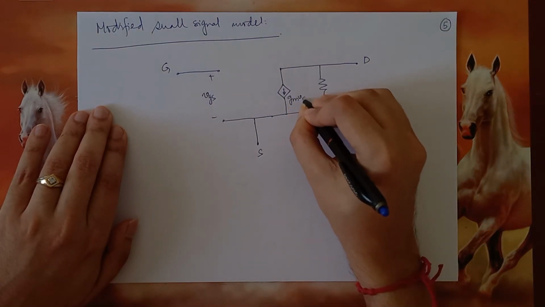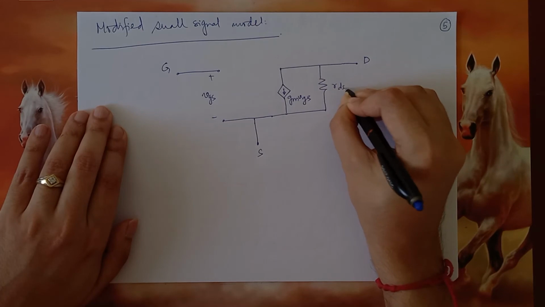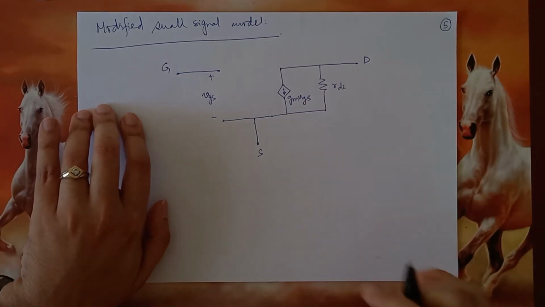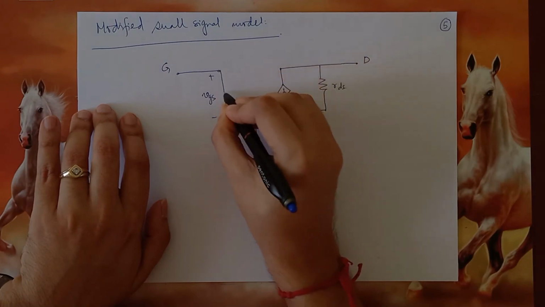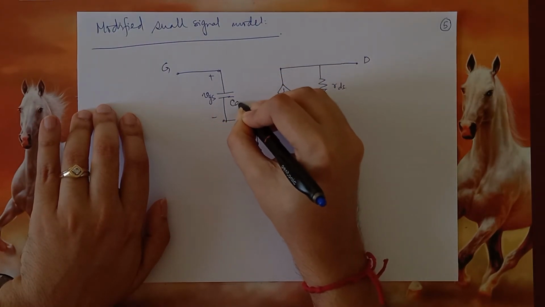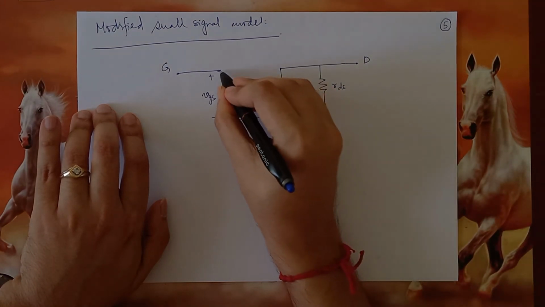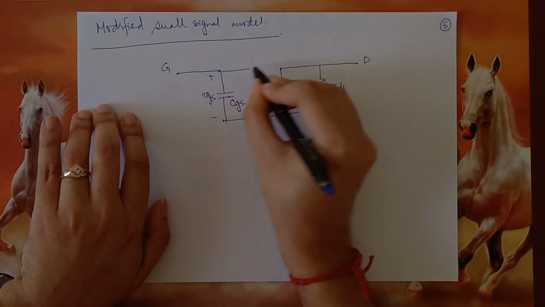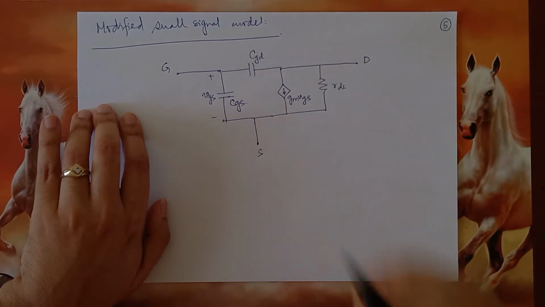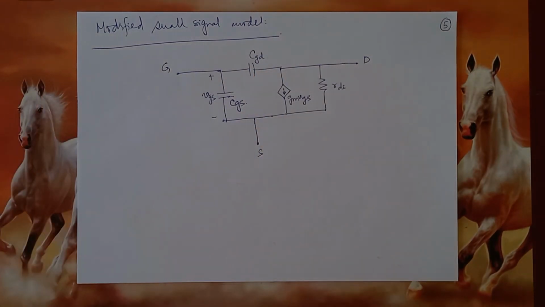This is GM VGS and this is RDS. So now let us incorporate those capacitances which we talked about. The gate source capacitance would be over here. This is CGS. And we will also have a gate drain capacitance over here, which is CGD. So this is the modified form of the small signal model for RF.